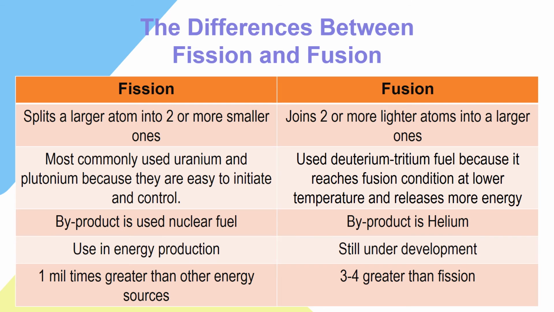Fission's byproduct is used nuclear fuel, while fusion's byproduct is helium. Fission is used in energy production, while fusion is still under development. Fission releases about 1 million times more energy than other energy sources, while fusion releases 3 to 4 times more than fission.